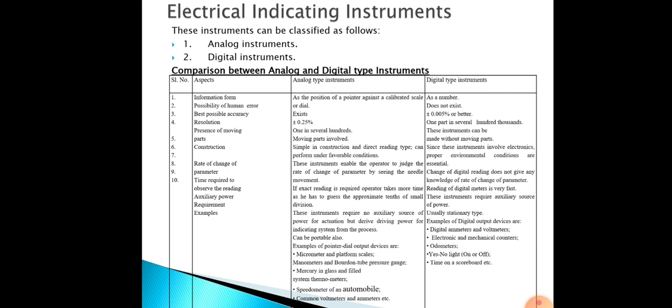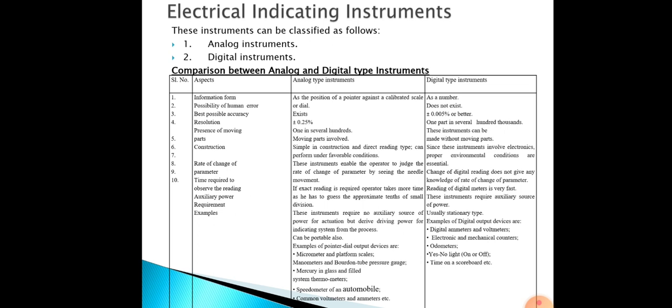In digital, the number is directly shown. Errors exist in analog; in digital they do not. Accuracy in analog is plus or minus 0.25%. Here it is plus or minus 0.005% or better. Resolution is 1 in several hundreds, whereas here it is 1 part in several hundred thousands.